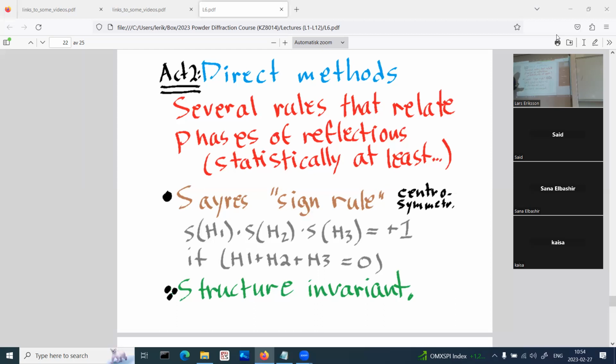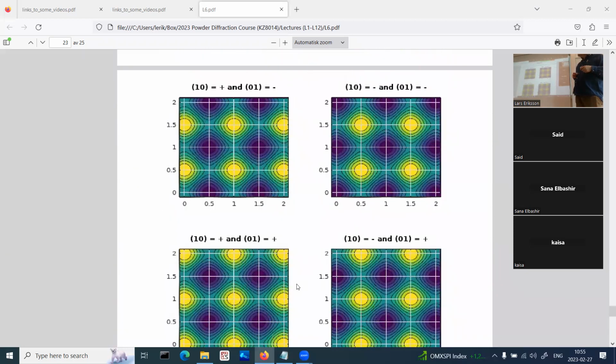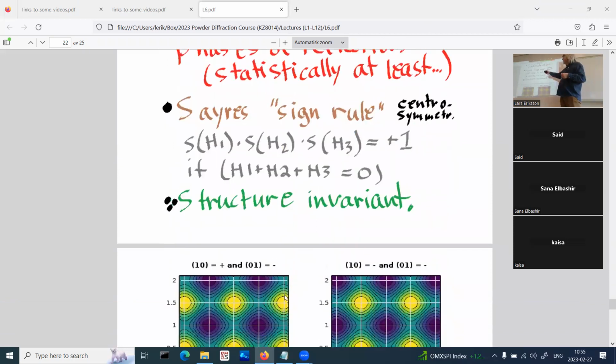There are quartet relations, pentet, sextet, etc., to the whole diffraction pattern. It's usually enough with triplets and quartets. The basis, why is it true?